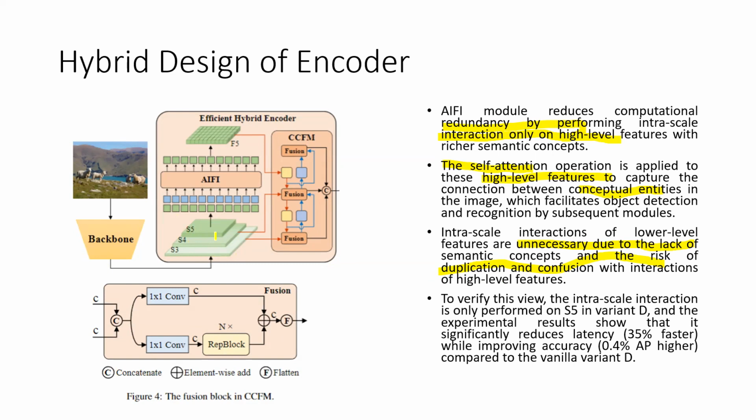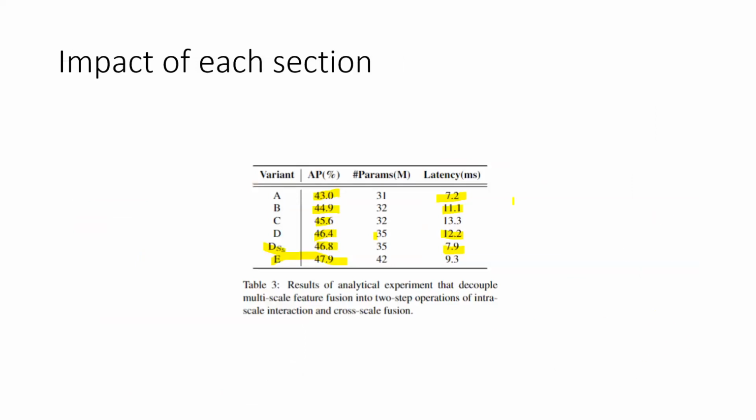So if we use all of them together, this might create redundancy, and when creating self-attention in the transformer, it might create confusion, which hampers the performance of the model. To verify this, they tried two different modules as seen earlier, and in D the accuracy decreased compared to S5.